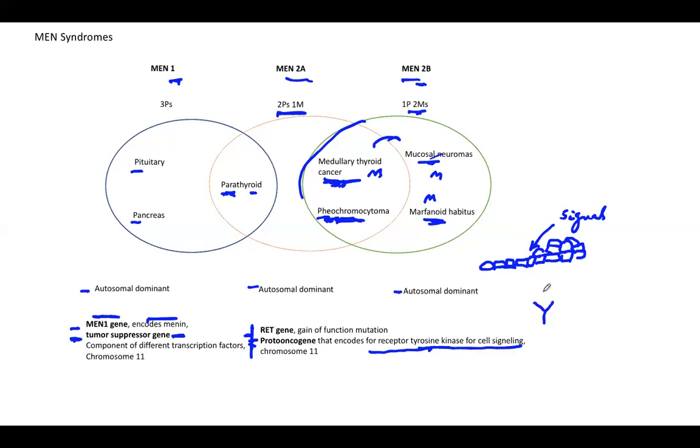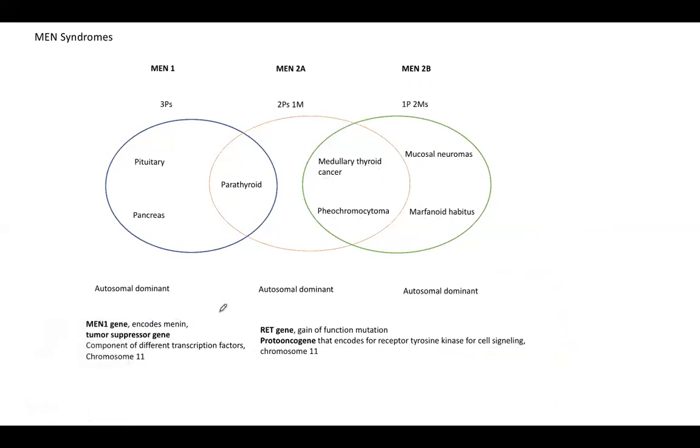This receptor only works when there is a signal, and then it signals downstream to the nucleus for division. But if this gene is defective, even if there is no signal, it will send downward signals and result in growth and proliferation, and tumors and cancers.